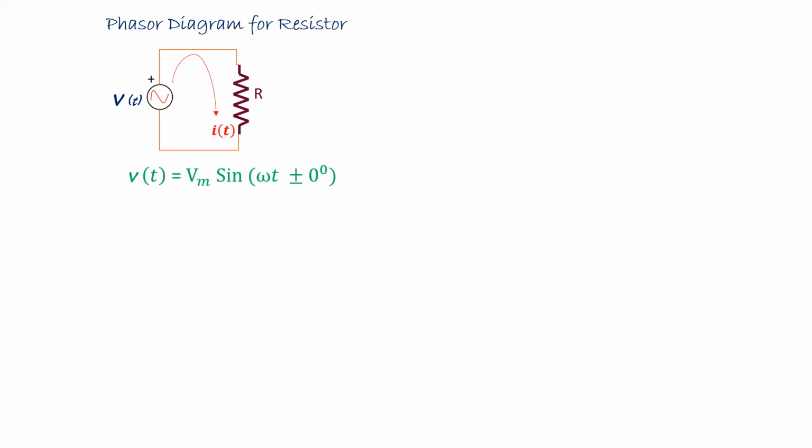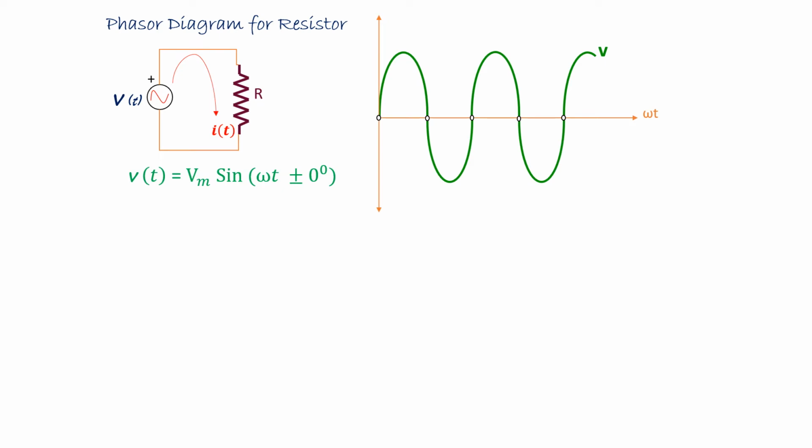The equation for the voltage is Vm sin (omega t plus or minus 0), whose waveform is shown here like this. The current will have the equation Im sin (omega t plus or minus 0) in the case of resistor. The waveform for the current is shown in the figure.